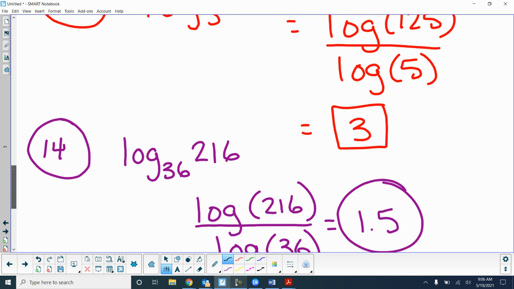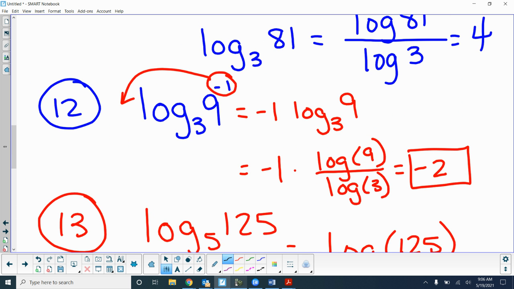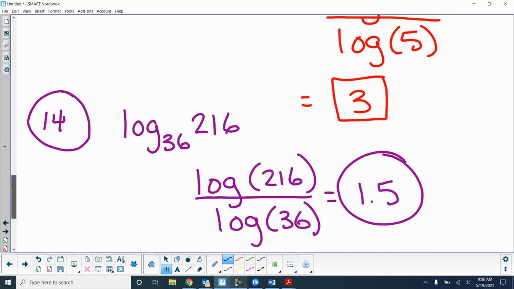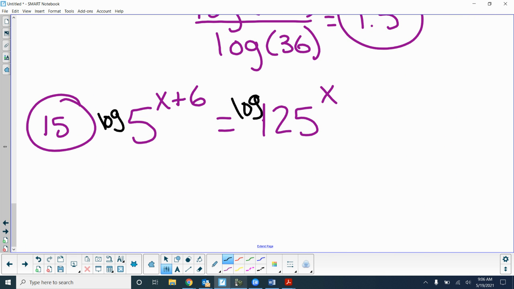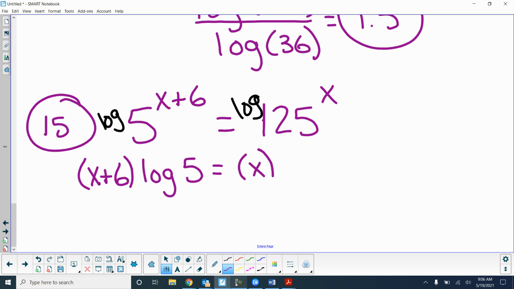And what was the rule we just did with this negative 1? When it's a log, you can put it out front and multiply, right? So that's what we're going to do with those two exponents in this problem. We're going to take that x plus 6 and multiply it by the log of 5, and this x, and multiply it by the log of 125. That's how we start those.